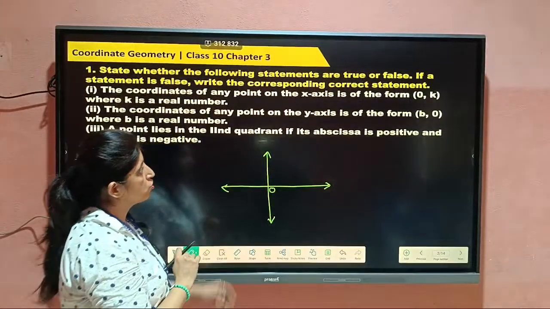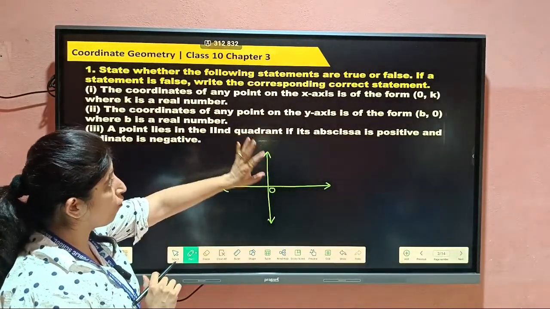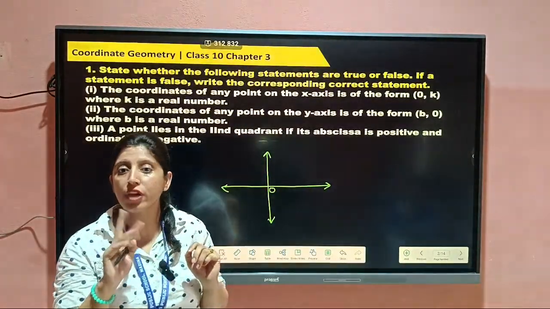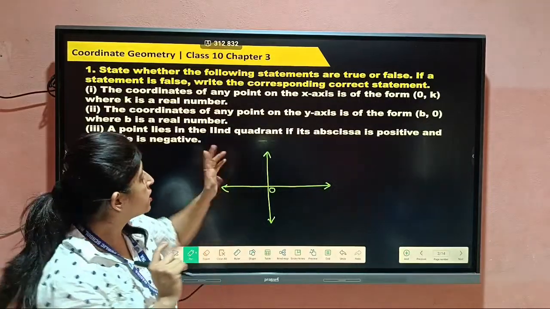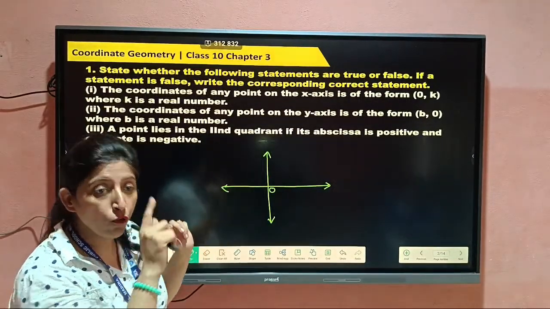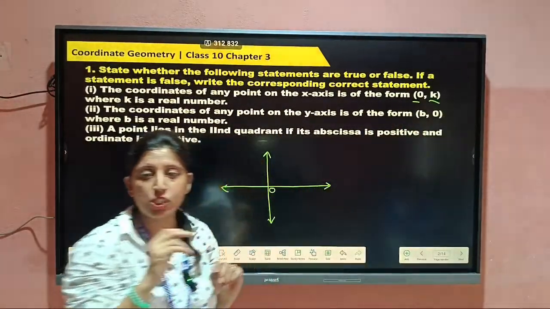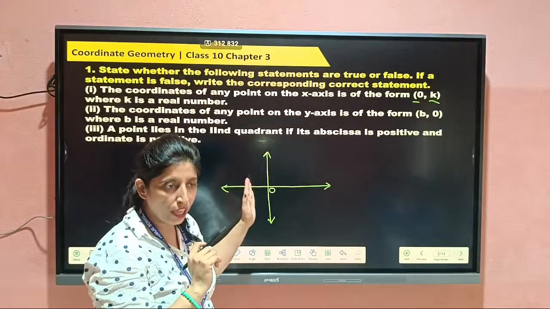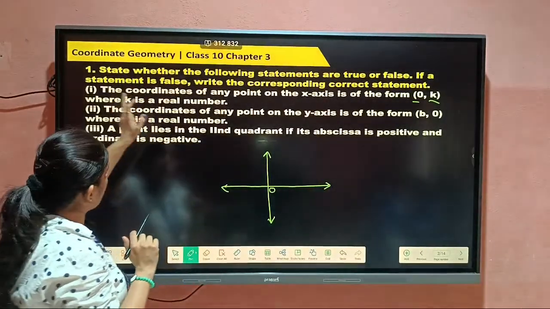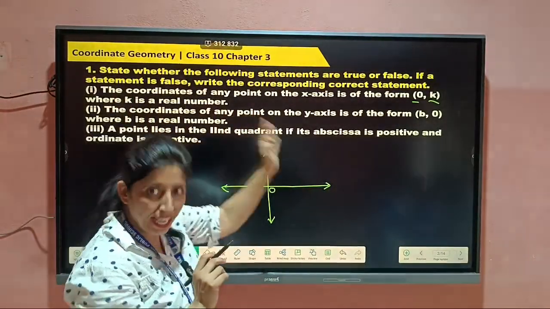So coordinate of the point form 0k. 0k means first coordinate is 0 and second coordinate is k, means what? It lies on the y-axis. But it is given the coordinate of any point on the x-axis.